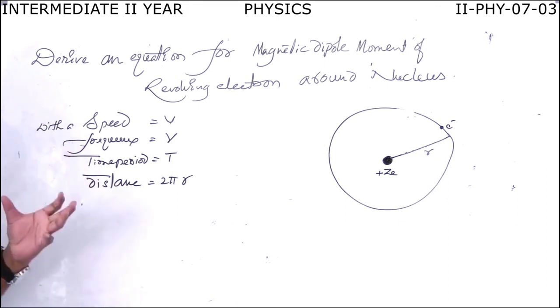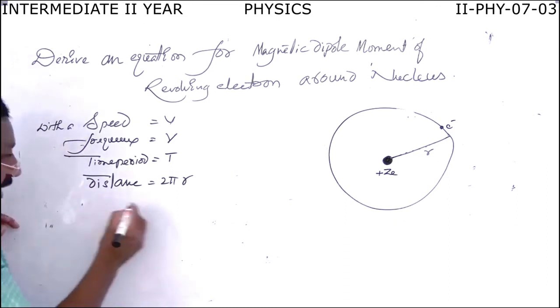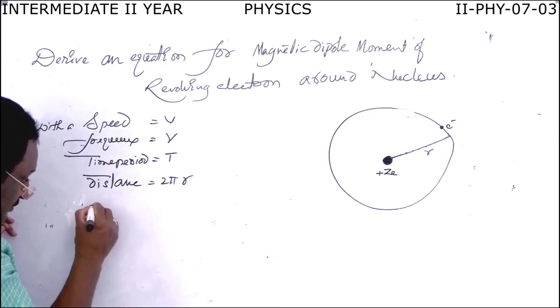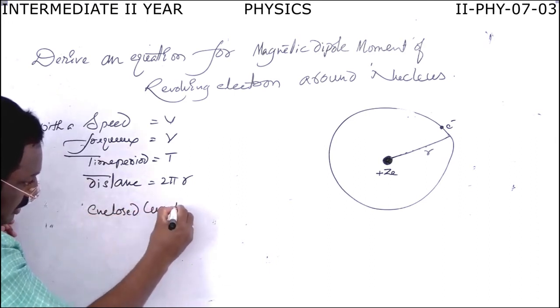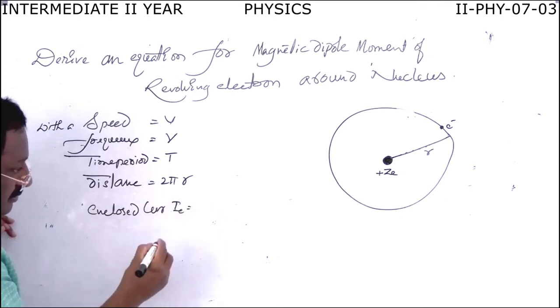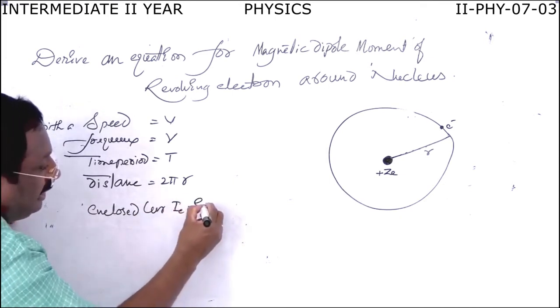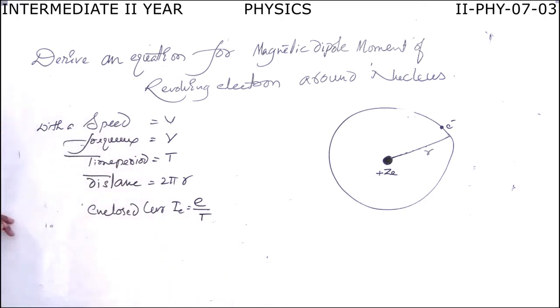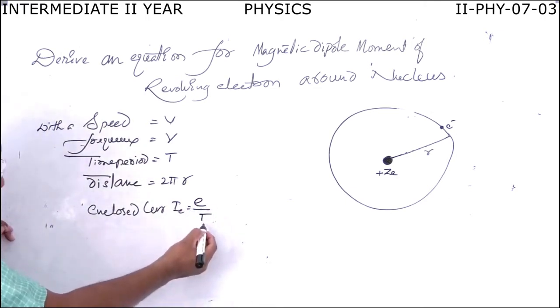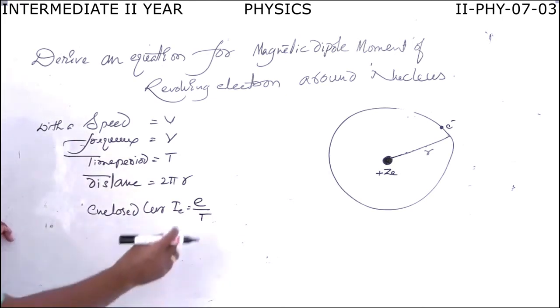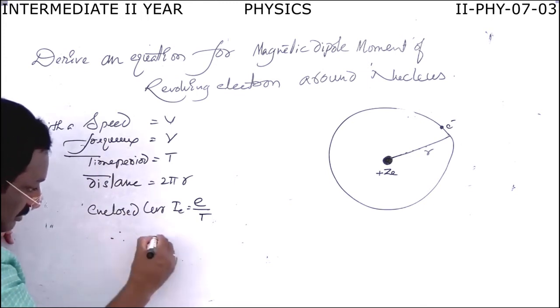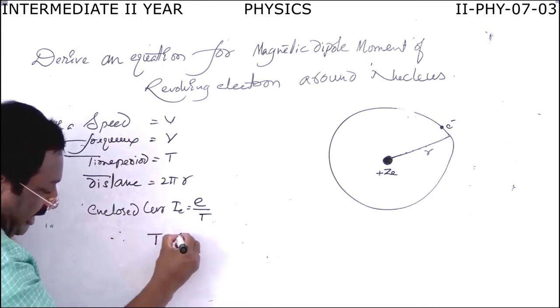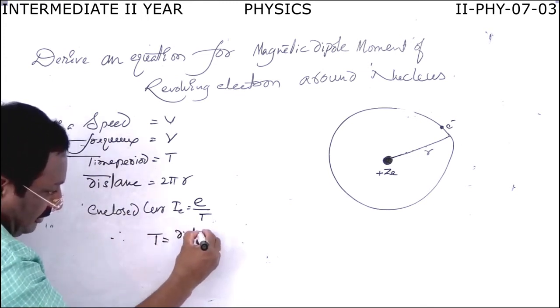Therefore, the enclosed current is e by T, according to the definition, the charge of an electron by the time period. Now T is the distance by velocity.